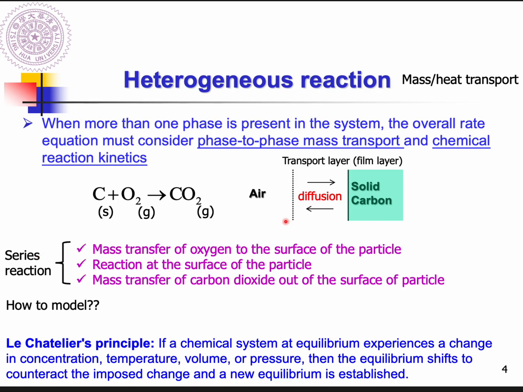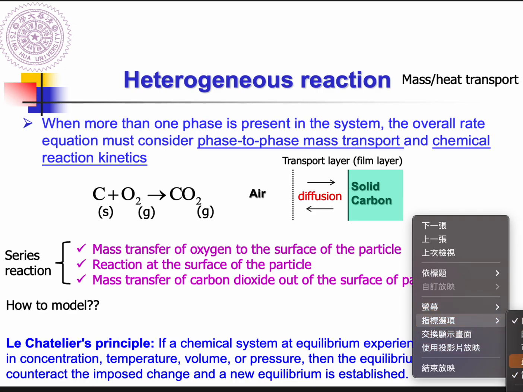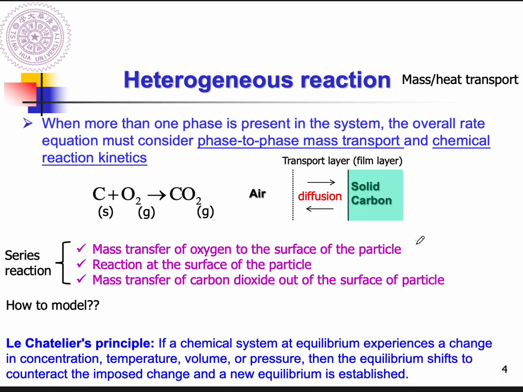They are in series, which means the oxygen needs to diffuse through to the surface, and that spends time T1. The reaction spends T2, and the carbon dioxide leaving the surface spends T3.